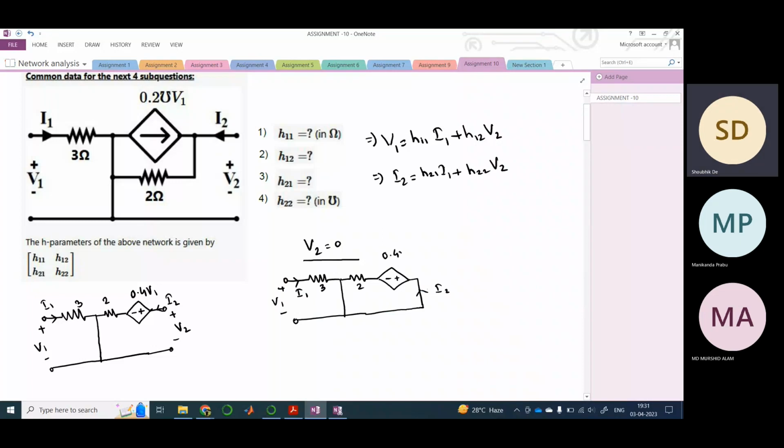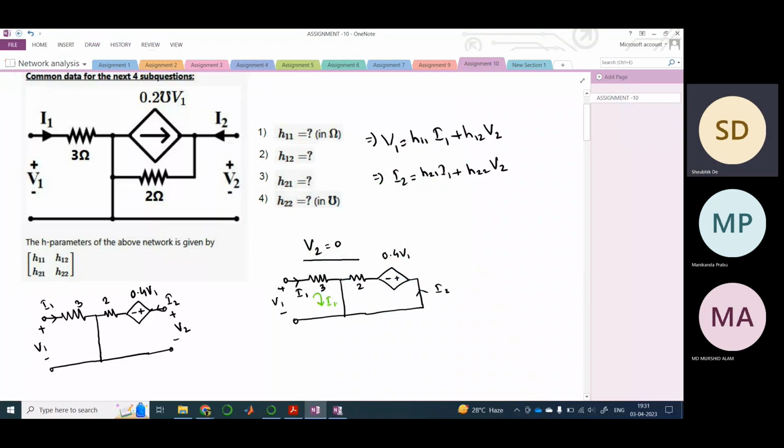This is 0.4 V1. Right, now see, we have two meshes here, and this is the first mesh and this is the second mesh. And since this is short circuited, there is no resistance to this path. We will be applying KCL only, sorry, KVL.